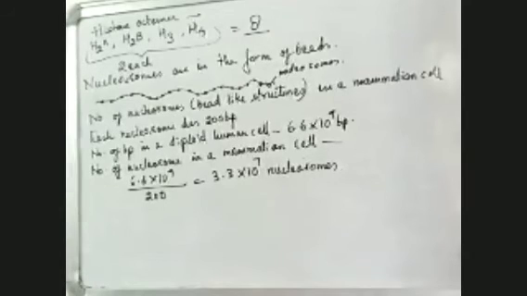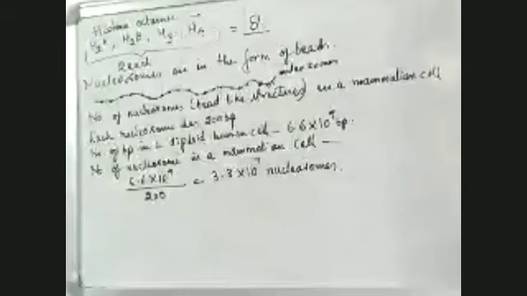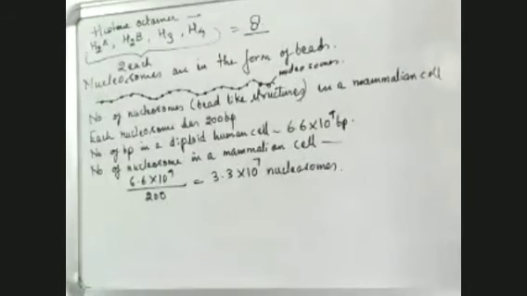How many base pairs in all are present in a nucleosome? Yes, 200. How are these divided? They make two groups.